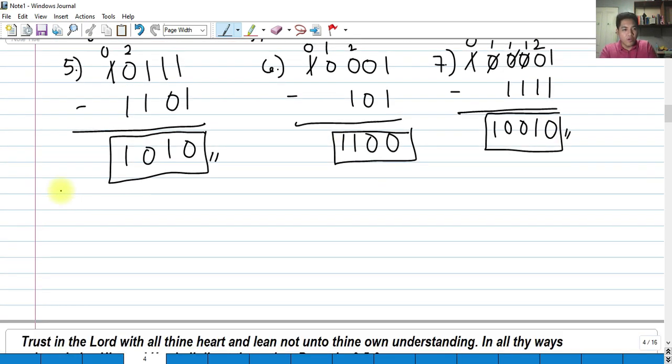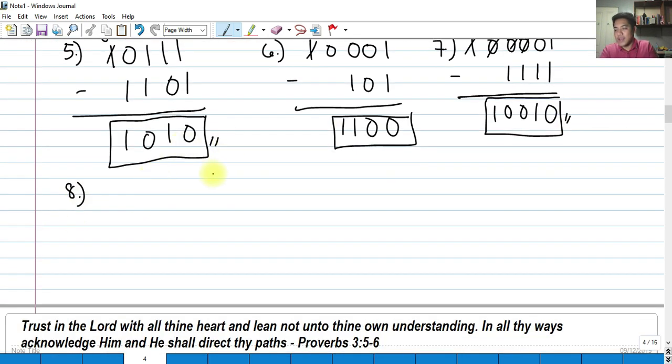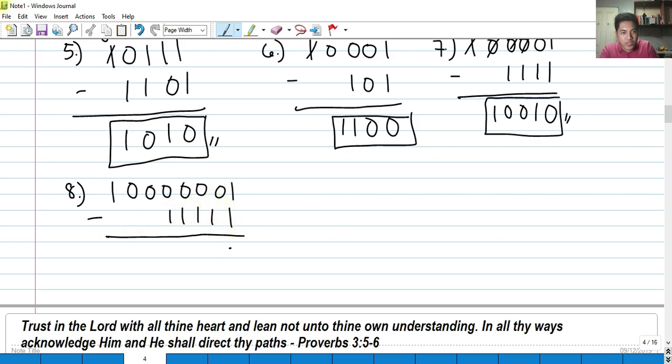So for the last one, okay, we have 1, 0, 0, 0, 0, 0, 0, 6 zeros, minus, again, 5 ones, so 1, 1, 1, 1, 1. So 1 minus 1 is 0. And again, we know 0 minus 1 cannot be. So what will happen? This would become 0.